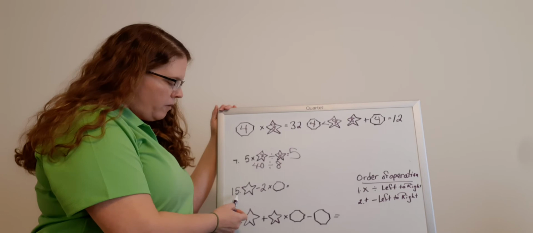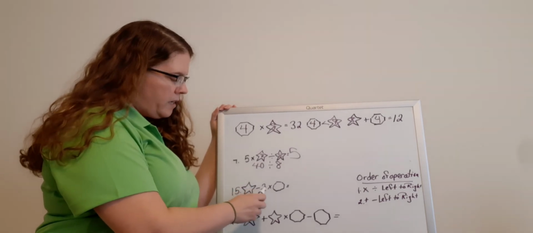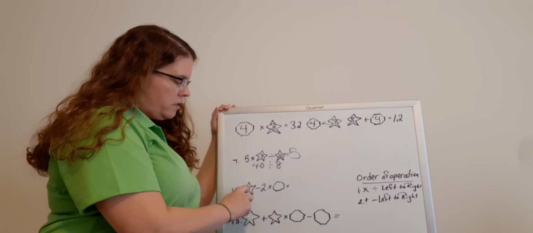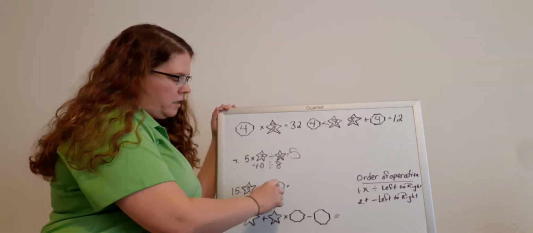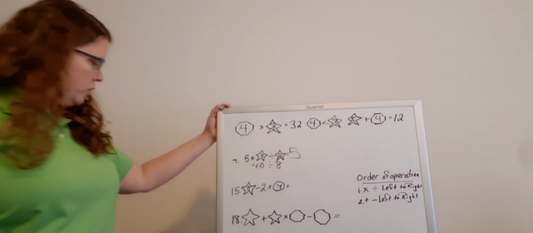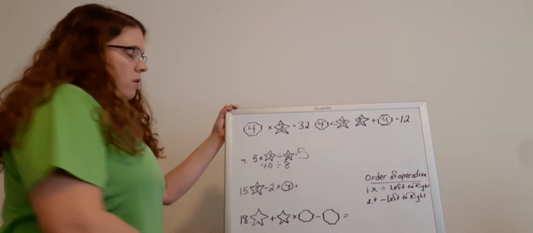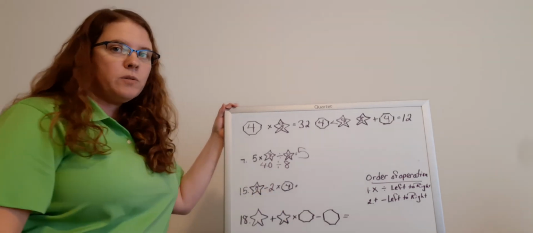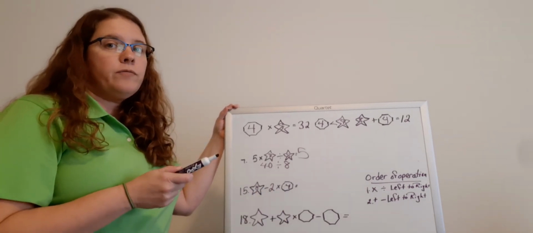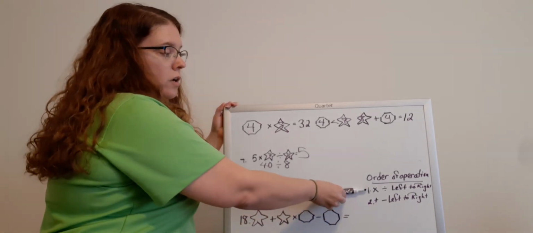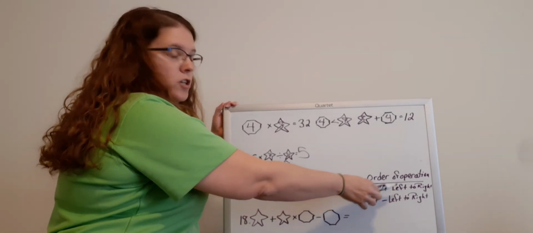All right, let's jump to number 15. I have a star minus 2 times octagon. So stars are 8 and octagons are 4s. Go ahead and stick those numbers in your shapes. Now we have a subtraction problem and a multiplication problem, so we have to follow our order of operations. First, do your multiplication and division from left to right.